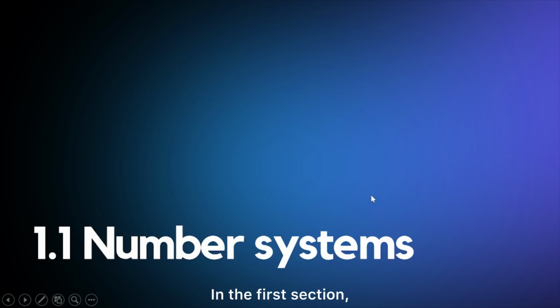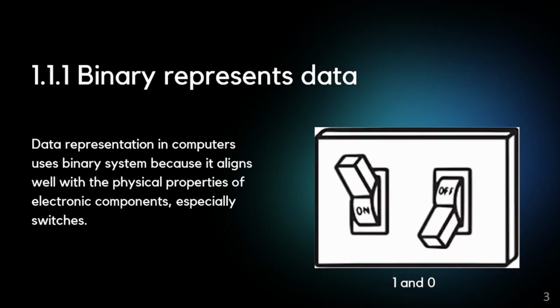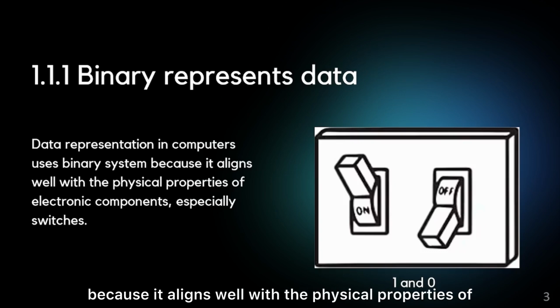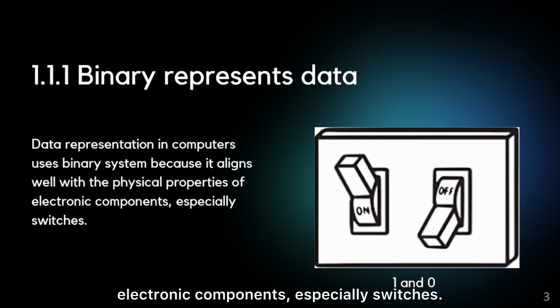In the first section, we will look at the number systems. Data representation in computers uses binary systems because it aligns well with the physical properties of electronic components, especially switches.